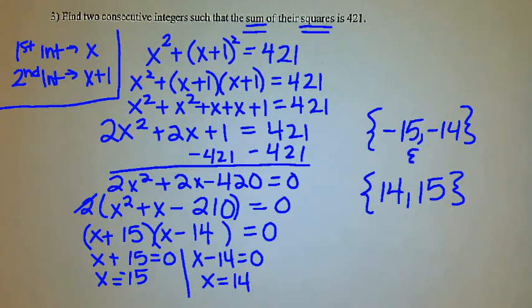And again, we can choose both of those solutions because we are squaring them, okay? So remember, when you square something, they both become positive, so when we add them to get 421, we'll get the same thing both times.